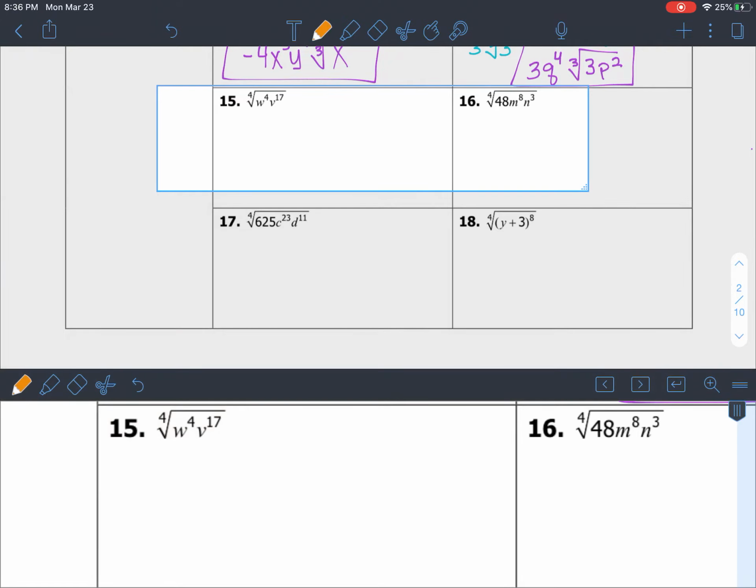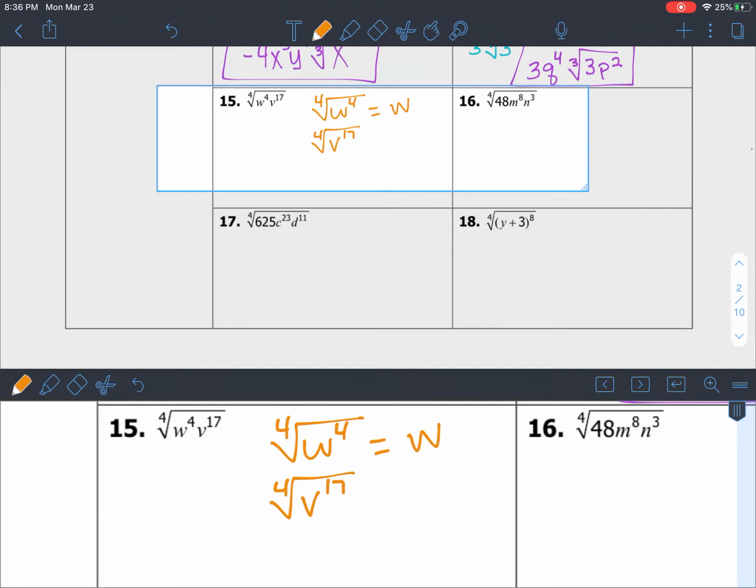So for this number 15 here, we actually just have variables this time. We don't have to think about any numbers. So let's think about how many groups of 4 can I make out of 4? Well, I can only make 1, so we just have a W there. And then I look at V, and I think, how many groups of 4 can I make out of 17?